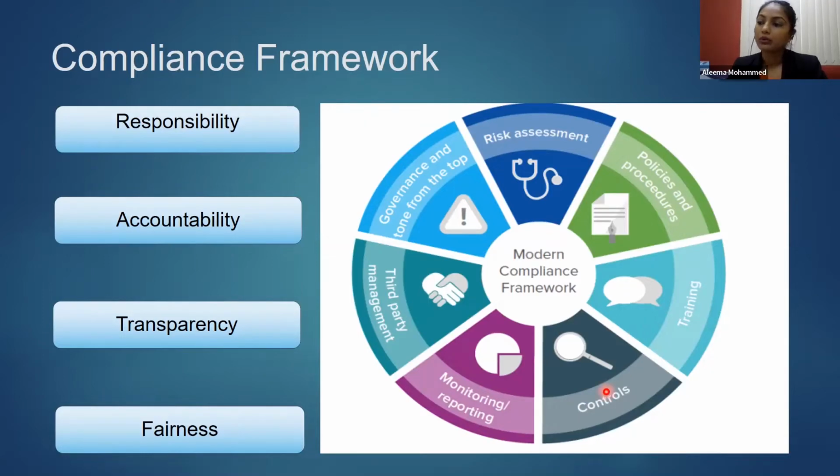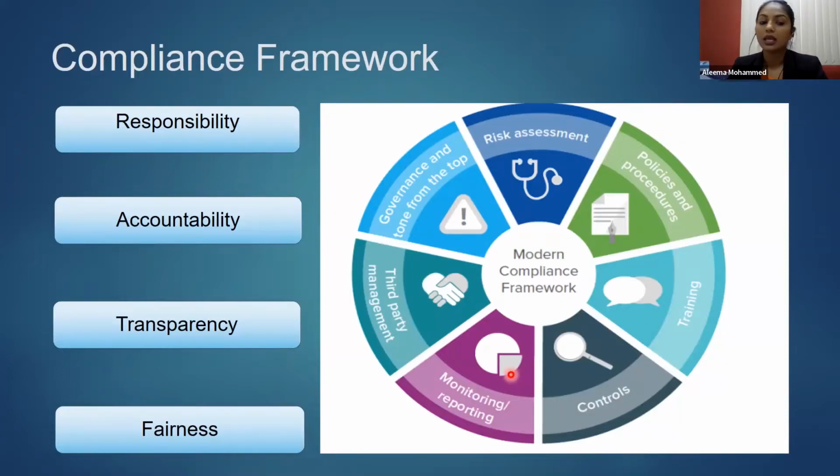We spoke about the controls that are important to make sure that we address any risk that may be posed to the organization. We have the monitoring and reporting, the system of monitoring and reporting to those charged with responsibility. And it really seeks to address, are we doing what we ought to be doing?